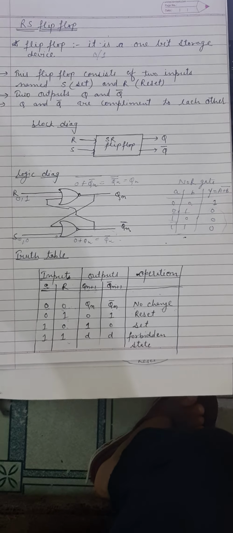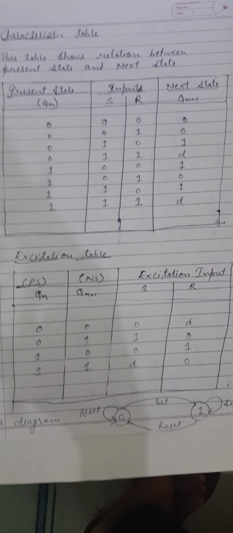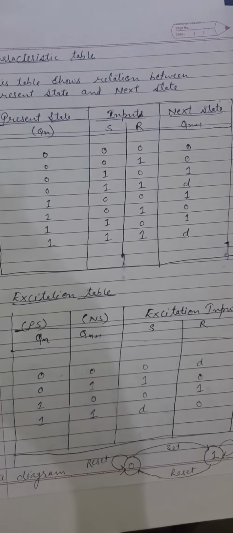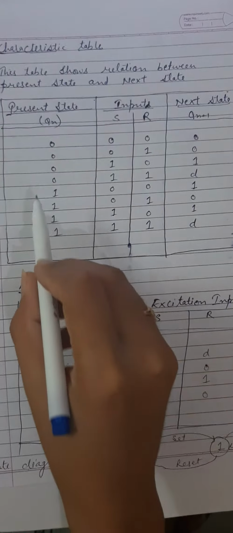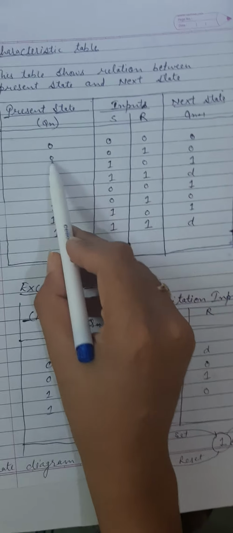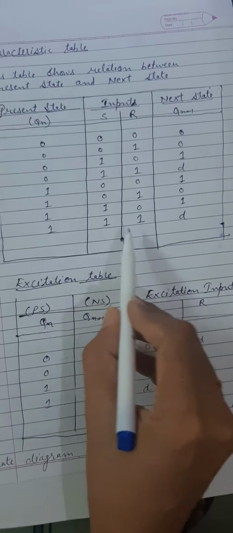And now you can see here we have to construct the characteristic table. In the characteristic table, we use the present state and inputs, and then we write the next state. So here we have to construct a table for 3 inputs: the present state and 2 inputs S and R. We will write combinations from 0 0 0, then 0 0 1, 0 1 0, and the last one is 1 1 1.